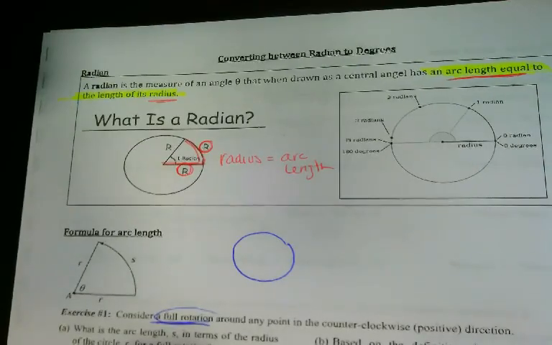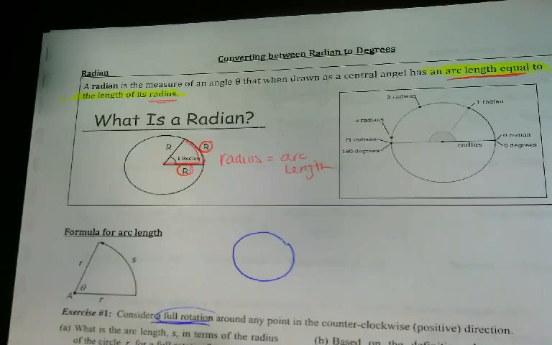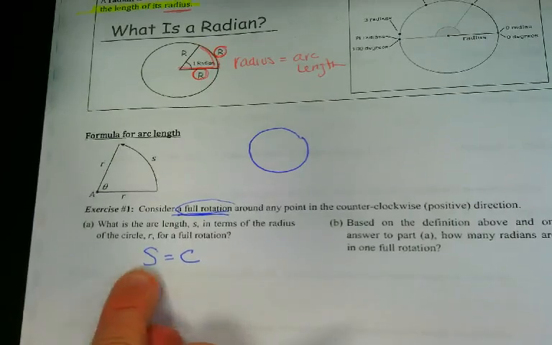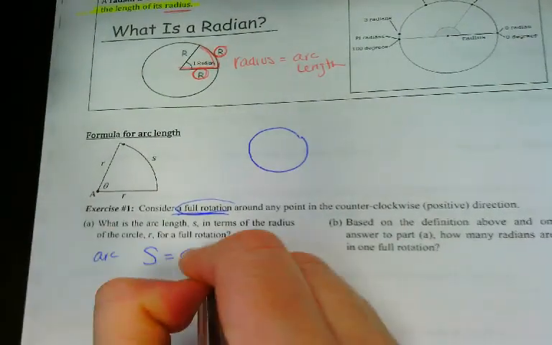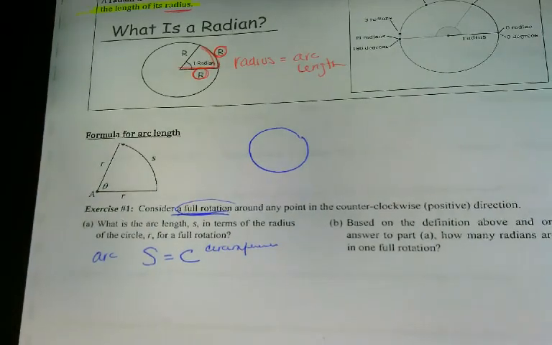It says, what is the length of the arc? So the arc is S in terms of circumference. This is saying the arc equals the circumference. Now, what is the circumference formula?